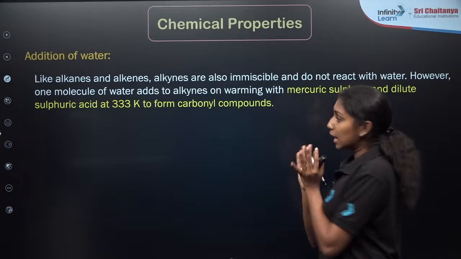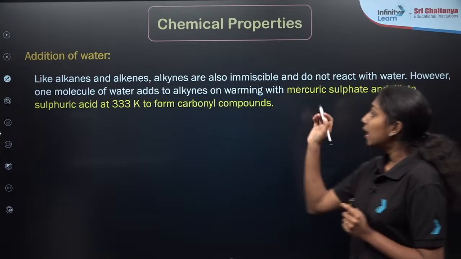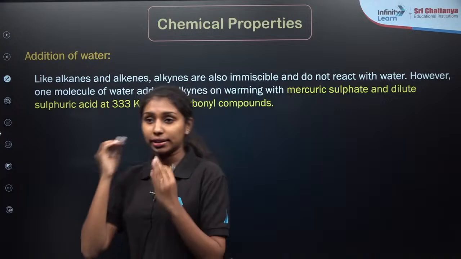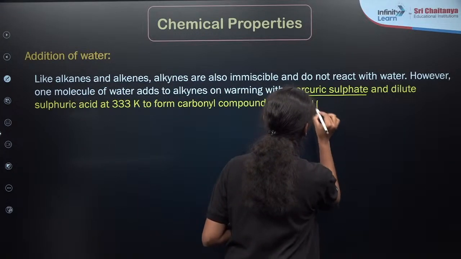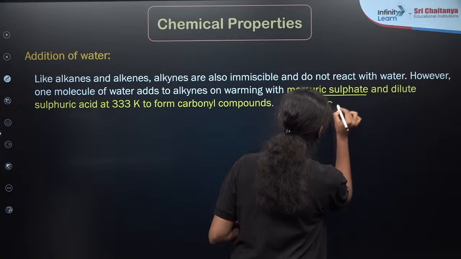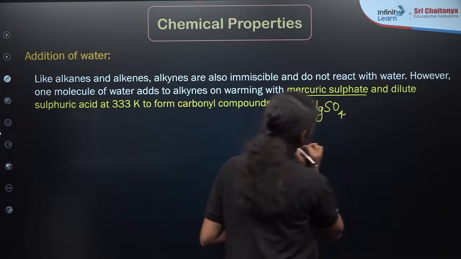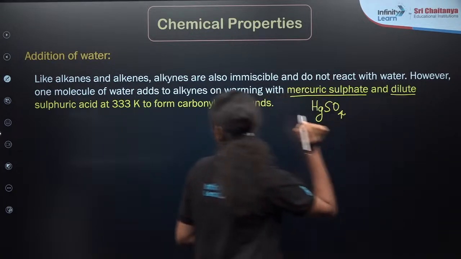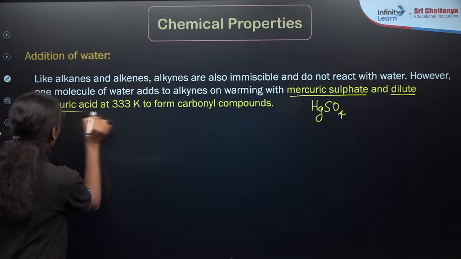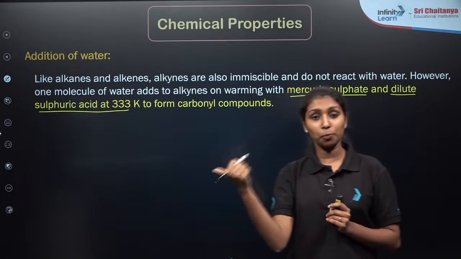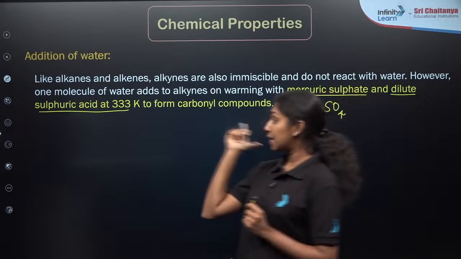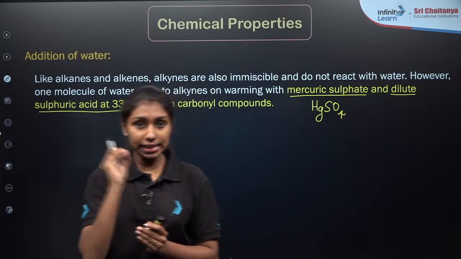Instead, we can say that these alkynes can add water in the presence of mercuric sulfate, HgSO4, then dilute sulfuric acid at 333 Kelvin. This is a special case. You can add water to alkynes in the presence of mercuric sulfate and H2SO4 at 333 Kelvin.